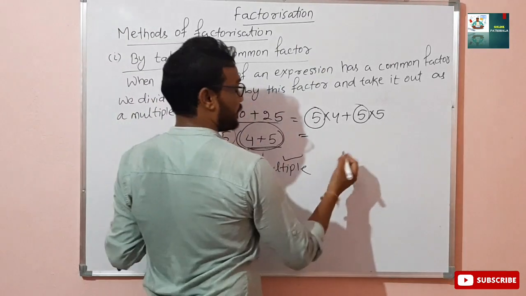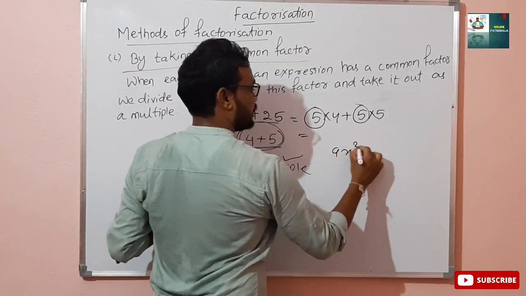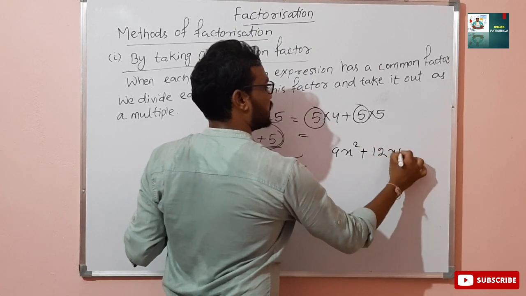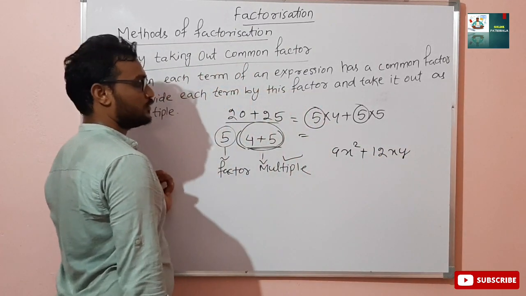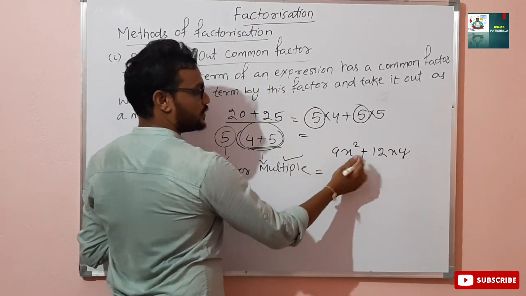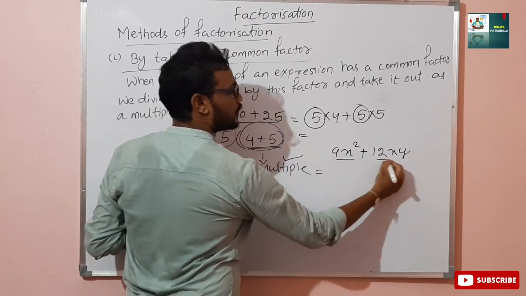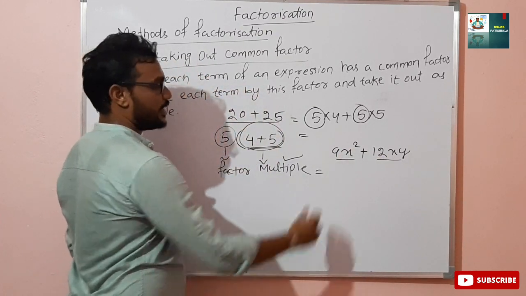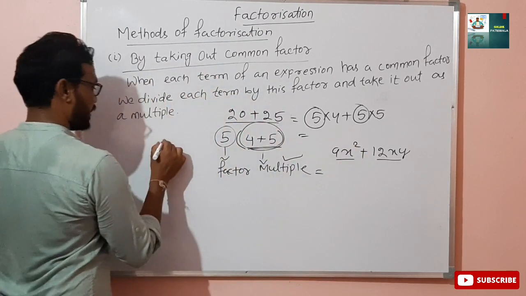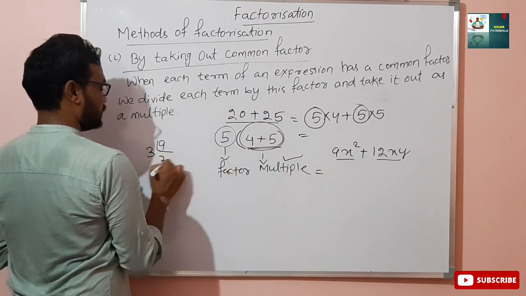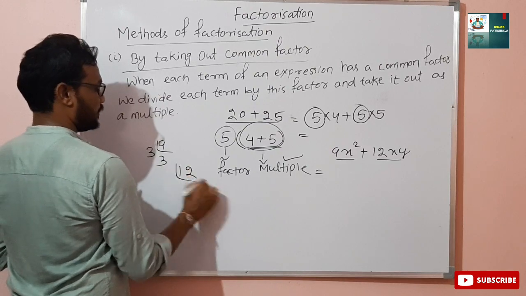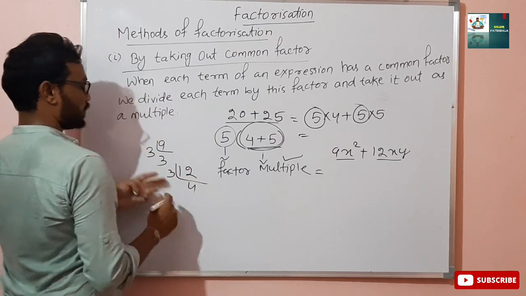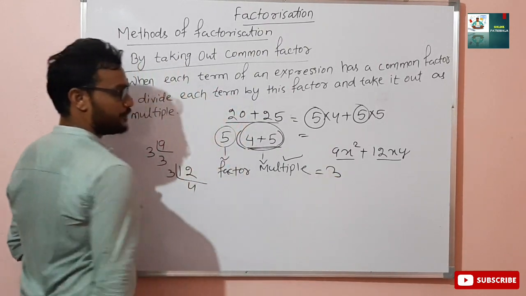Suppose I am taking an example, 9x square plus 12x square. In this case, first of all, you have to look at the numbers. What is the common factor between 9 and 12? 9 is 3 into 3, and 12 is 3 into 4. The common factor is 3.